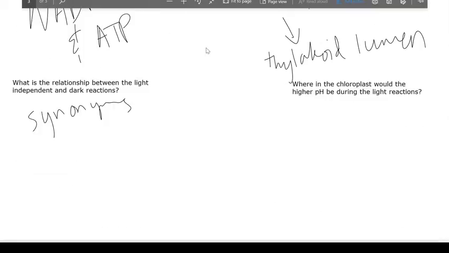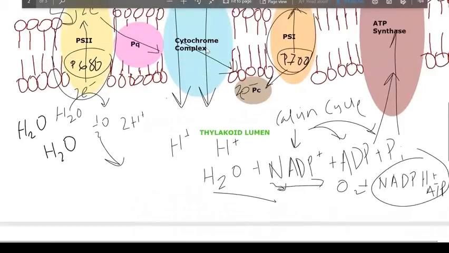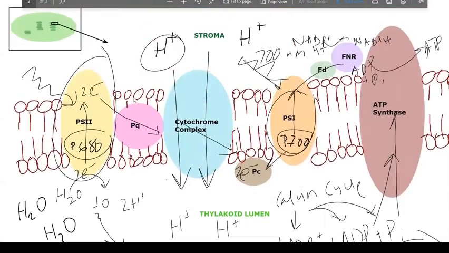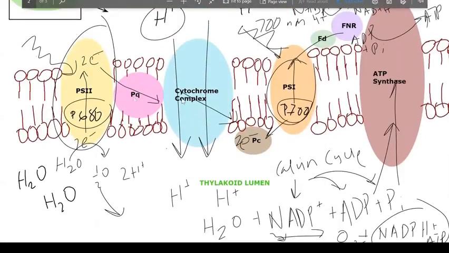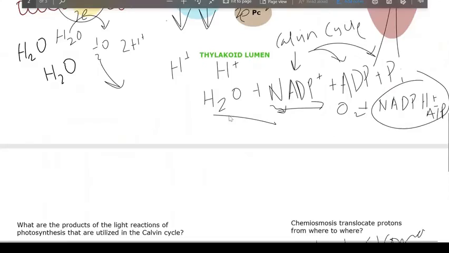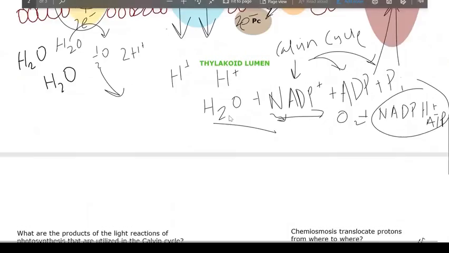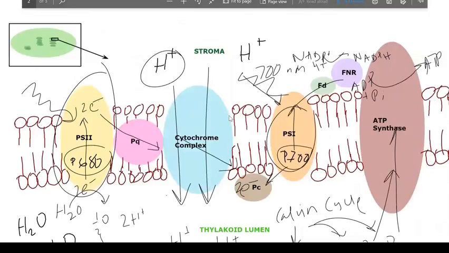Where in the chloroplast would the higher pH be during the light reactions? Well, recall that we know there's going to be more H+ ions in the thylakoid lumen than the stroma because of chemiosmosis.